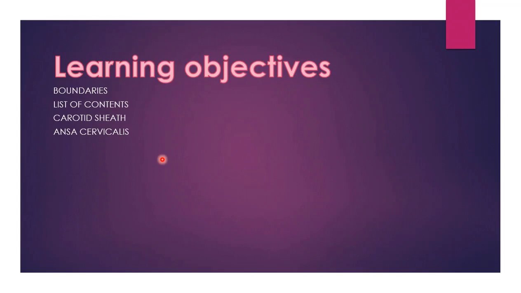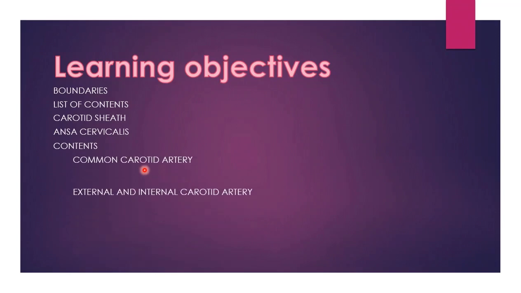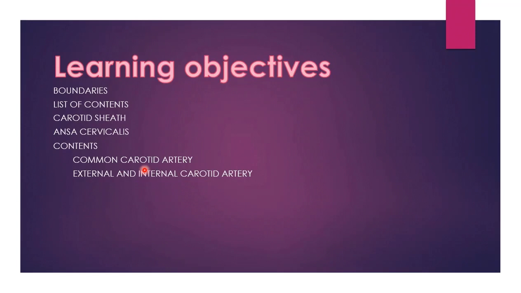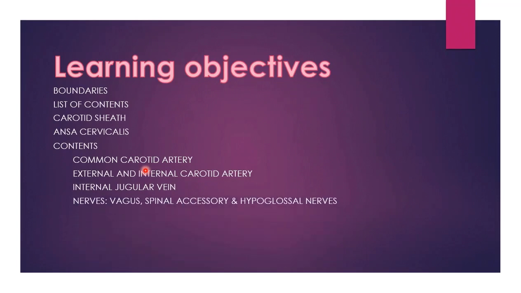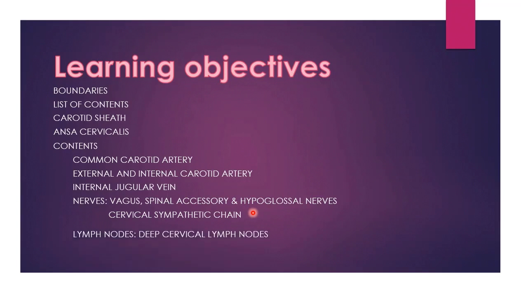Then the major contents of the carotid triangle, such as your external and internal carotid artery, we will be discussing in short, and then the internal jugular vein, then the nerves in the carotid triangle, mainly your vagus nerve in detail, and then about the cervical sympathetic chain and certain deep cervical nodes.